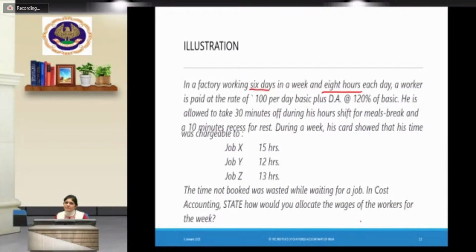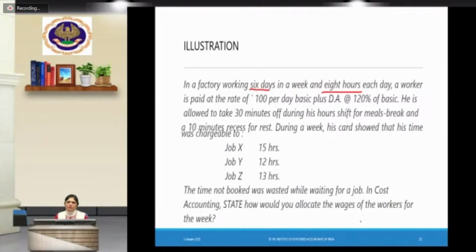The third step would be the cost per hour. In the first illustration, we have calculated the cost per hour. Here also we'll calculate the cost per hour. That cost per hour will be allocated to these three jobs. Clear? So there are three segments of this question.